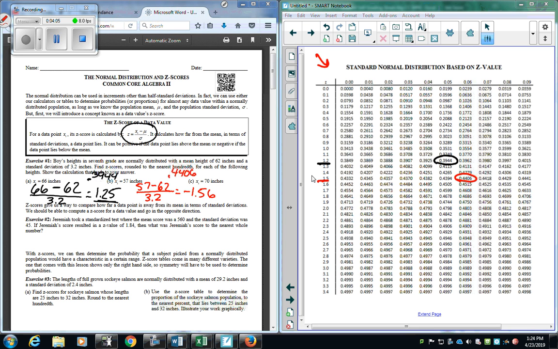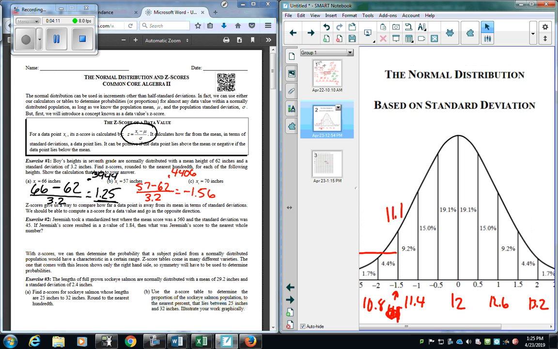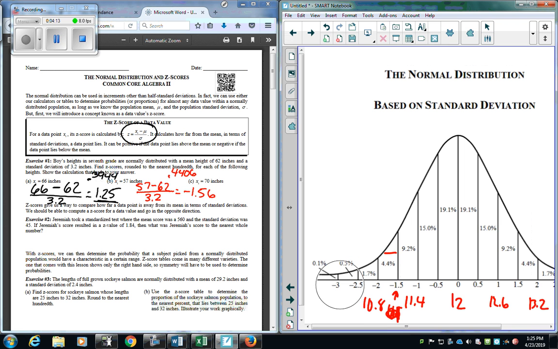So when we're talking about that normal distribution, which we talked about in the previous assignment, which I'm going to pull up, one thing to think about: if you're talking about 1.25, you're talking about the value right in here. So 0.3944 represents this distance.